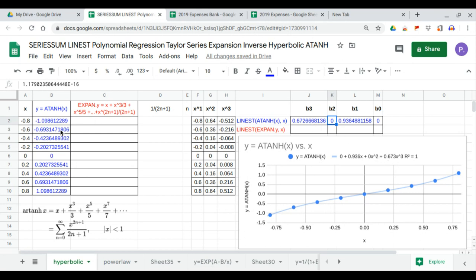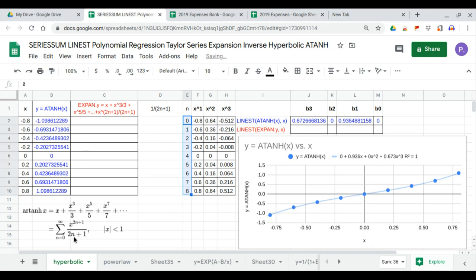Now that we have calculated the arctangent, the function itself, now we go to the expansion. So we'll need the n values from 0 to 8: 1, 2, 3. So these are the n values.